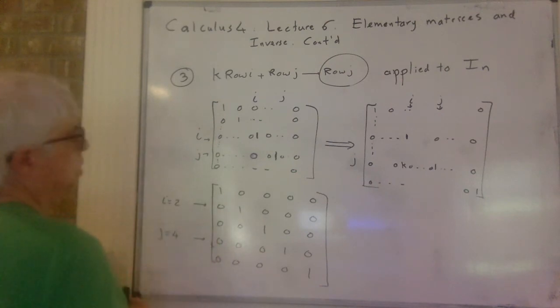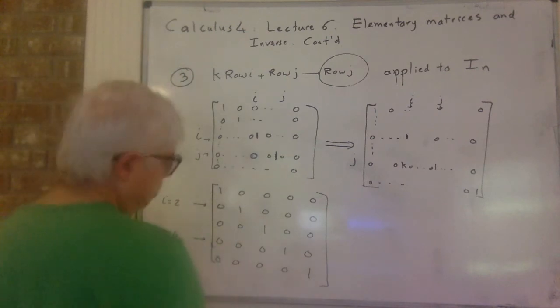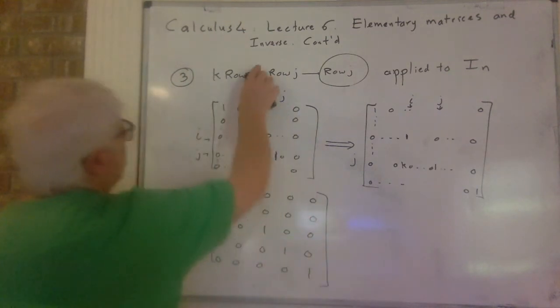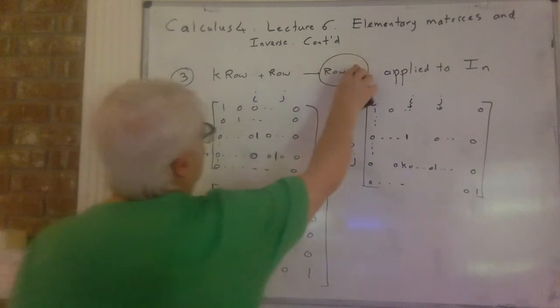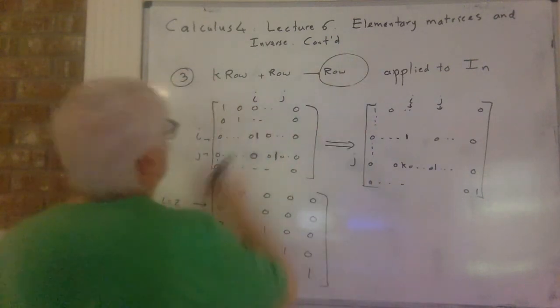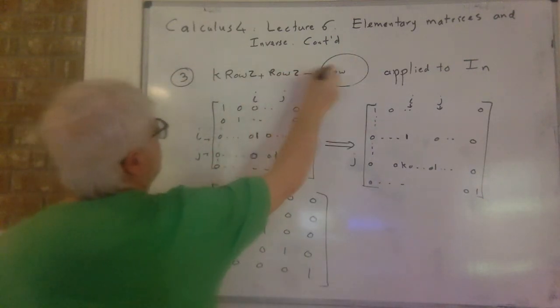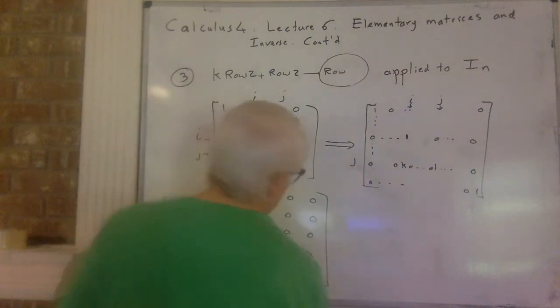So let's do this: k times row 2 plus row 4 goes to row 4.